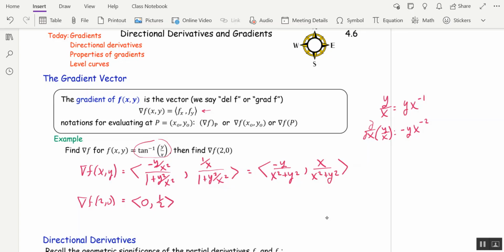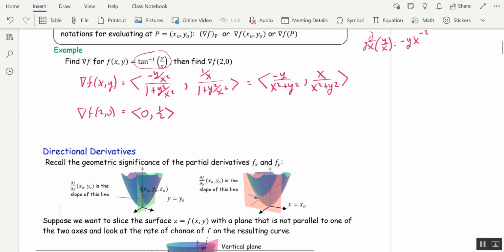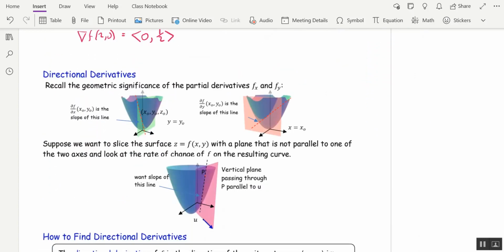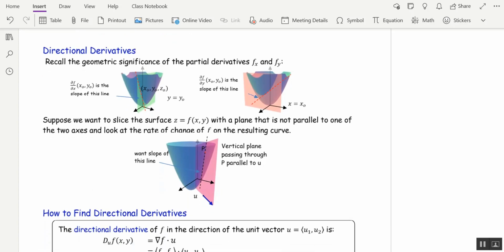All right, we can use gradients to find directional derivatives. Directional derivatives are a generalization of partial derivatives, but instead of holding just y constant or just x constant and looking at the rate of change of the function, we're allowed now to let x and y both vary. So down here in the xy plane, x and y can both vary maybe in the direction of u.